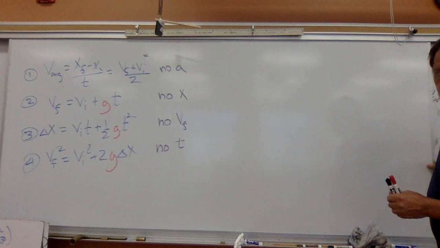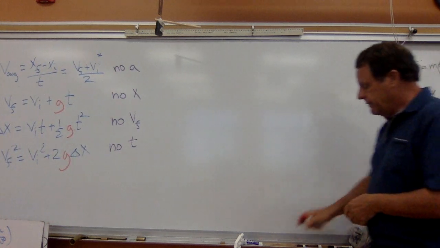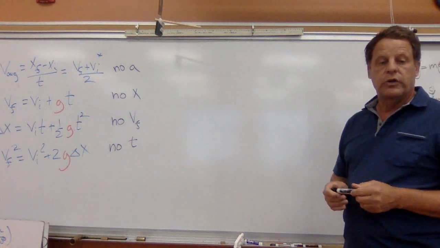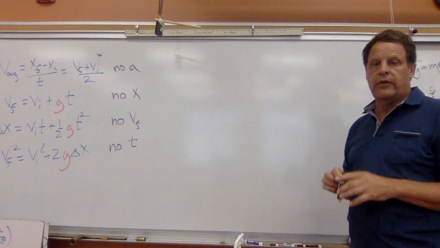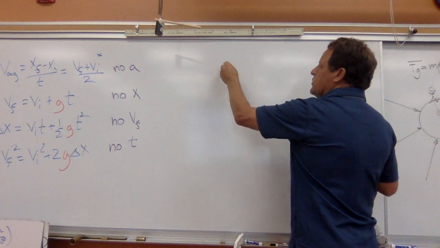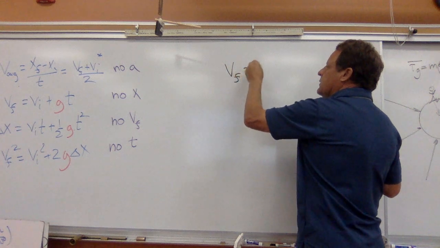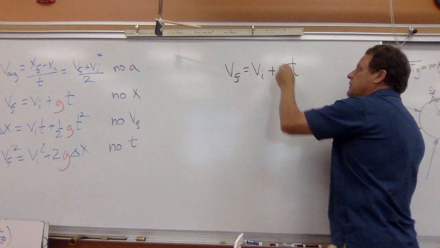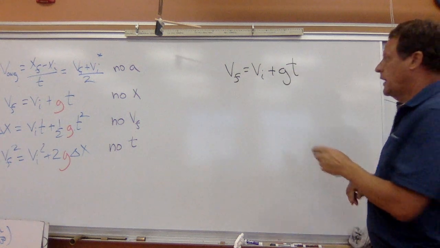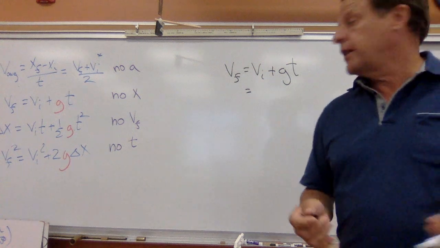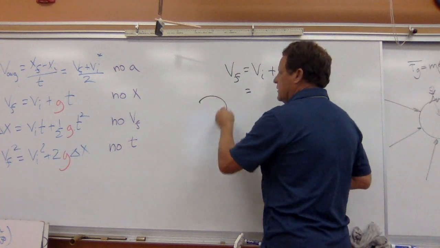And one would be, hey, how fast is an object going to be going after 1 second if we drop it? Okay, so our equation is V final equals V initial plus gt. Now this is kind of like a speedometer on a ball.